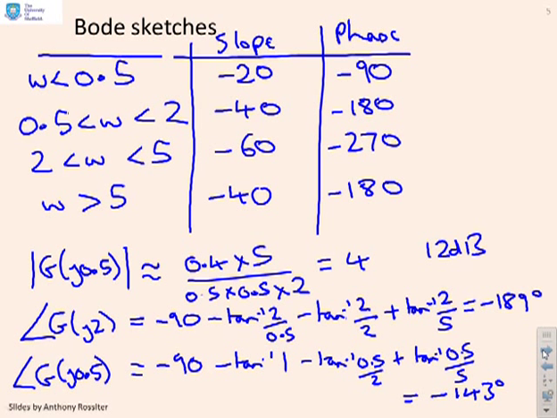So I seem to have enough values there to give myself a reasonable Bode diagram sketch. Remember, we're only doing a sketch. If we really wanted an exact plot, we wouldn't be asking this in an exam paper where you did not have access to MATLAB or something similar. So now let's do the sketches.